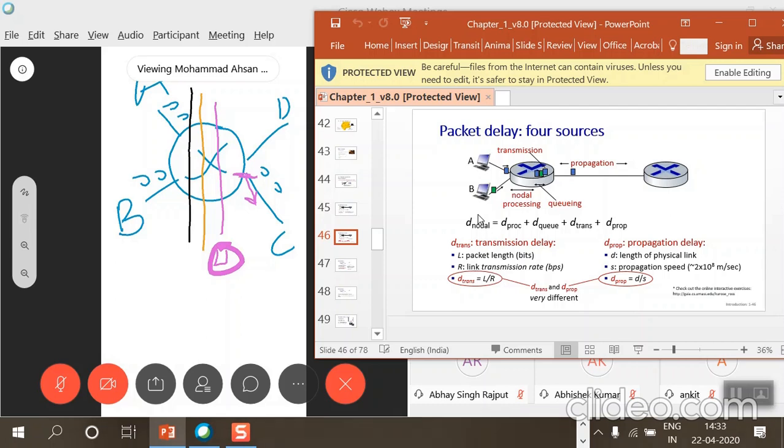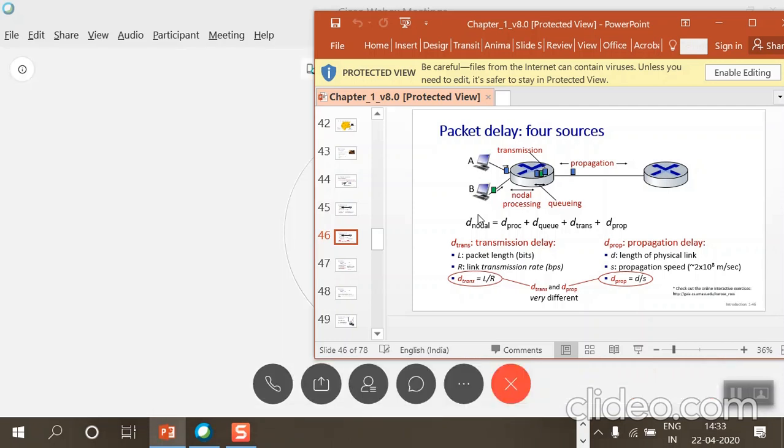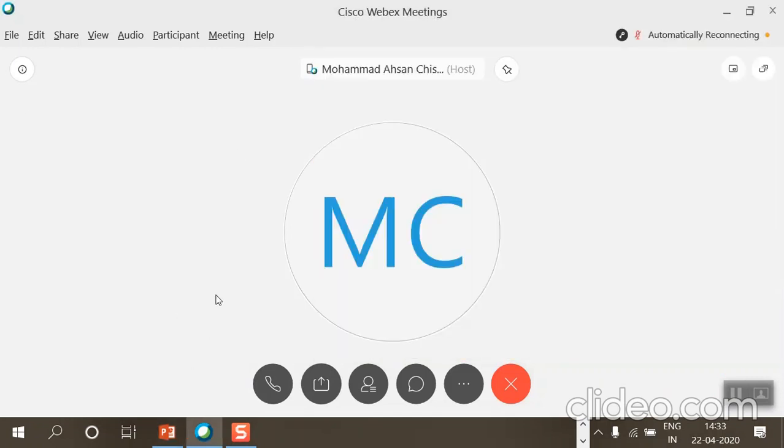I would use another color. Now it is here. What is this green denoting? This is denoting the start of the link here from the interface of the router up to the time that the packet has reached this C.